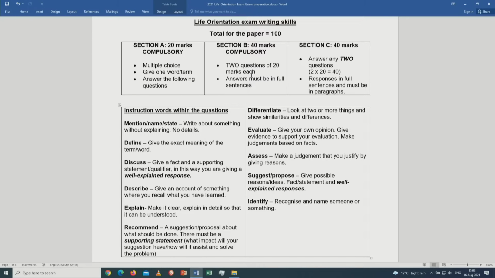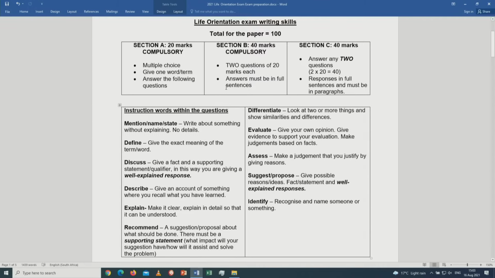The structure, like I said, remains the same in the sense that the type of questions that will be asked in Section A will still be multiple choice questions, give one word or term questions, as well as short questions where your responses are expected to be shorter.